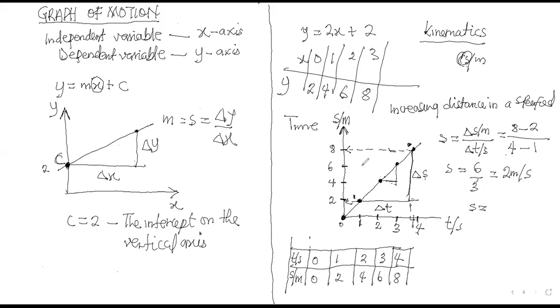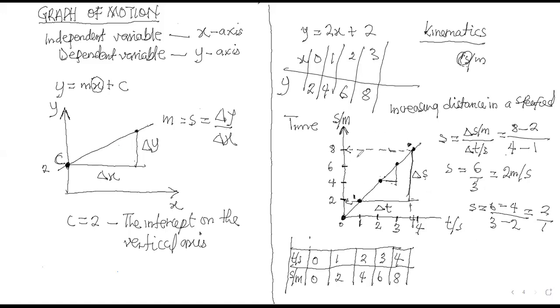The maximum is 6 minus the minimum y value 4. Maximum time 3, minimum time 2. So 2 over 1, meter per second. So once you have a straight line, no matter the points considered, you must get the same value.